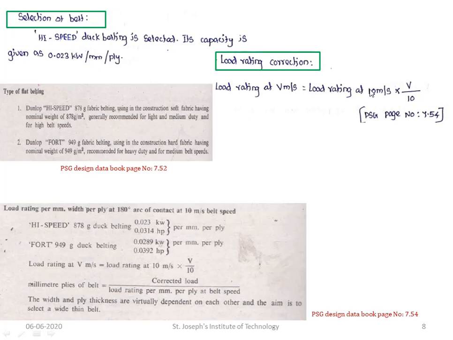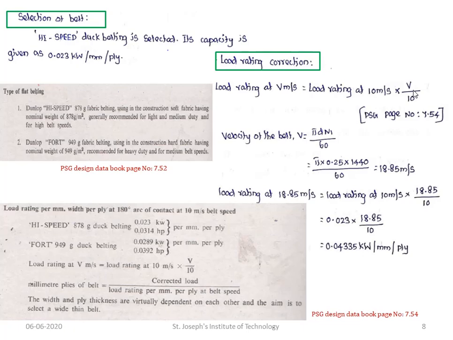So load rating at 10 meter per second is this value, into velocity. It's unknown, we need to calculate. We know the formula, pi d n1 divided by 60. If I substitute all the values, I will get the value of V, and then the value of load rating.